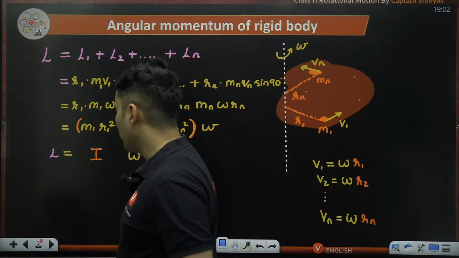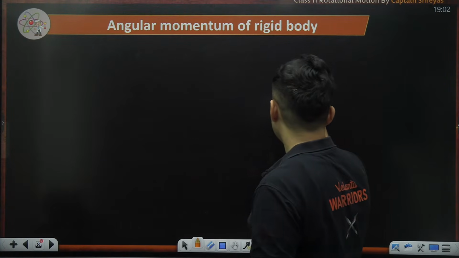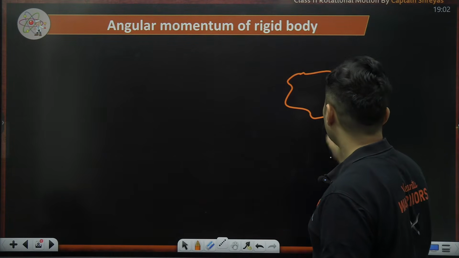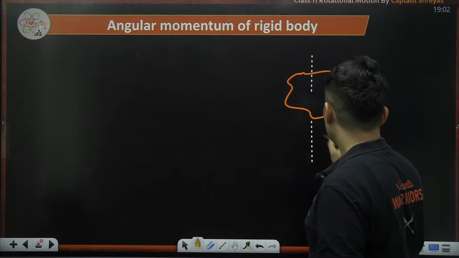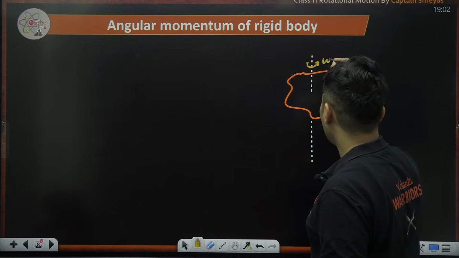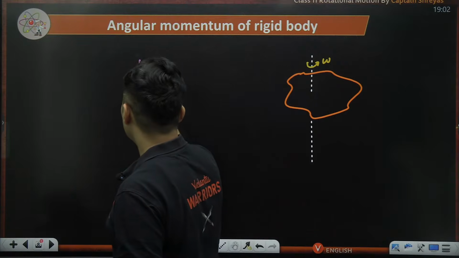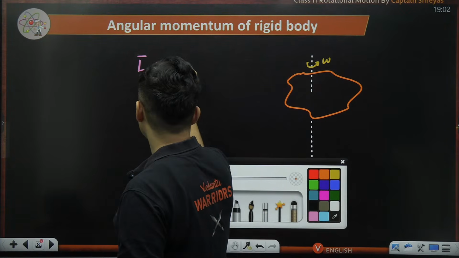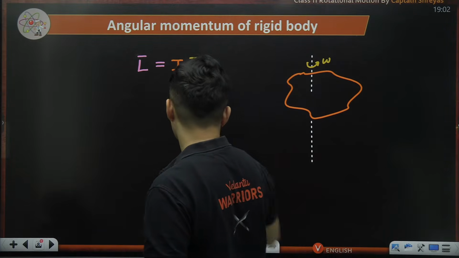It's I into omega. So just to be clear, if you have any rigid body and it is being rotated, whether inside axis or outside axis, it really doesn't matter. It is being rotated with some angular velocity. Then the angular momentum vector is simply the moment of inertia about the same axis into the angular velocity.